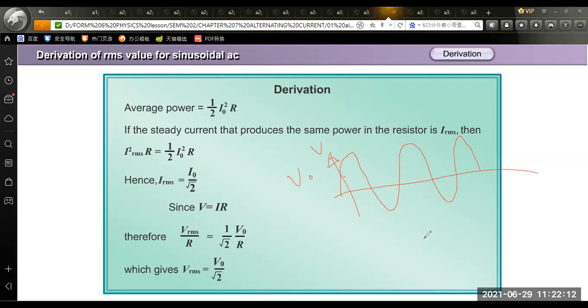When it is in the stable state, we divide it by square root of 2, so it will always show the stable value, VRMS. That means VRMS is the constant voltage, the guaranteed voltage that is converted to other energy, either heat or other energy states.